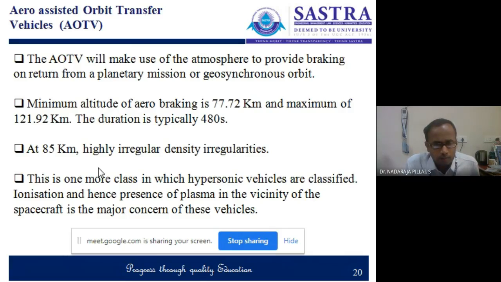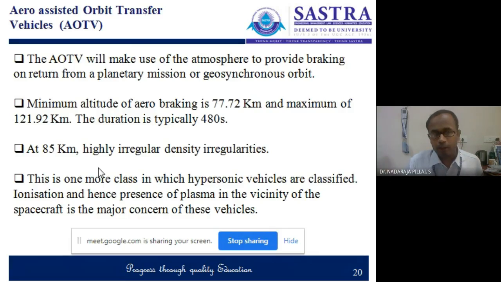So these hypersonic vehicles experience major phenomenal changes: high temperature in the shock layer, entropy layer, low density and high density ratios, and the formation of plasma and ionization, and all these things make hypersonic spacecraft or vehicles a special one.